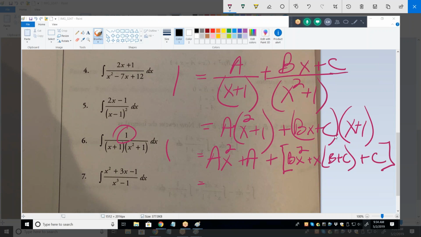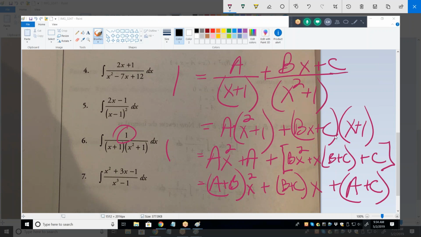So we have a plus b times x squared, plus, let's see, we have a bx and a cx, right? And that's the only ones we have, so I can just leave that as b plus c times x. And then our constant is a plus c. Right. And all that has to equal 1.